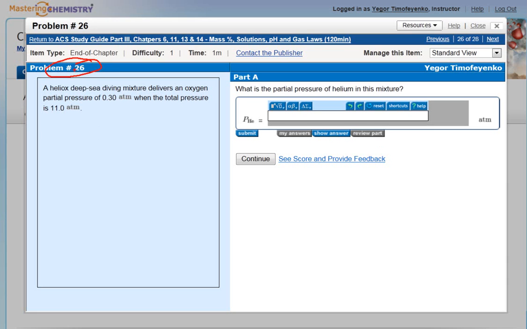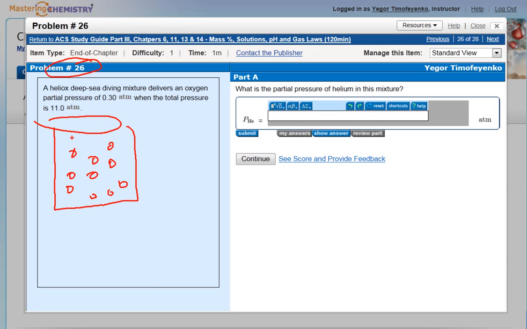Problem 26 involves the idea of partial pressures. If we have a container, as always, and we have different gases floating around, each one of those gases is hitting the walls of the container. So each gas contributes to the pressure. Therefore, the sum of the pressures of each gas gives the total pressure, say, of 11.0. Here we have helium and oxygen.